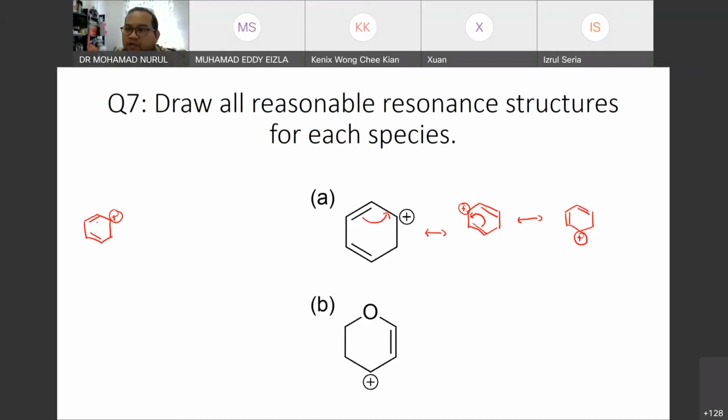So the only way is to move it here, and it becomes like this. And again, you have to calculate the formal charge. This positive charge should be here.